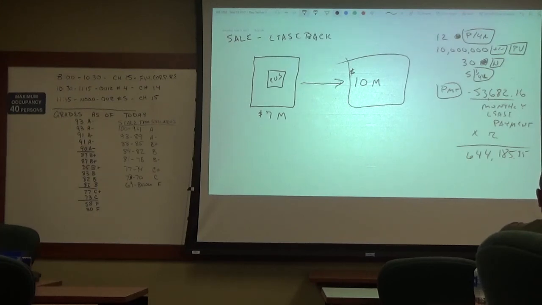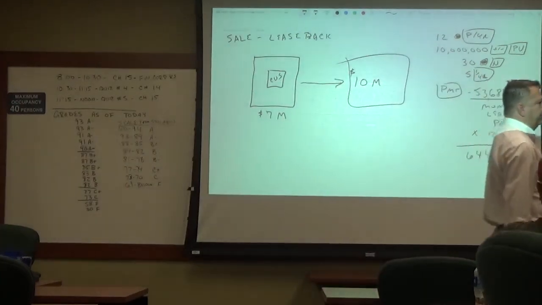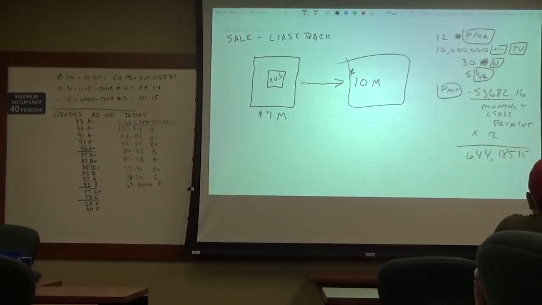Okay. So now, here's another way to look at this, and the way that they are potentially looking at it. How much profit did they make on this deal? $3 million. So really, that $3 million, if they did nothing else, they could prepay their lease for almost 4 years, right?